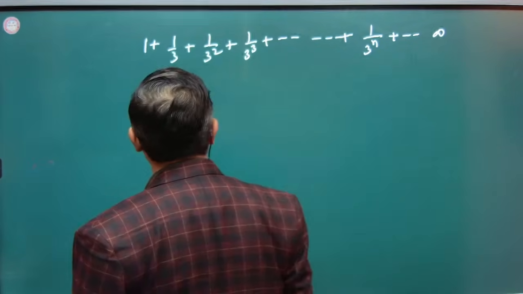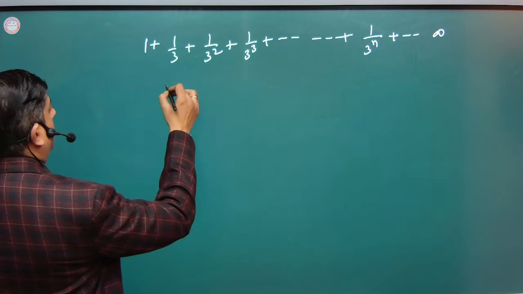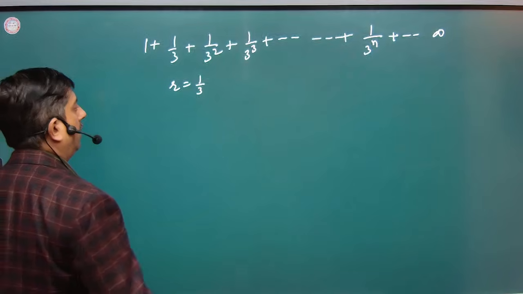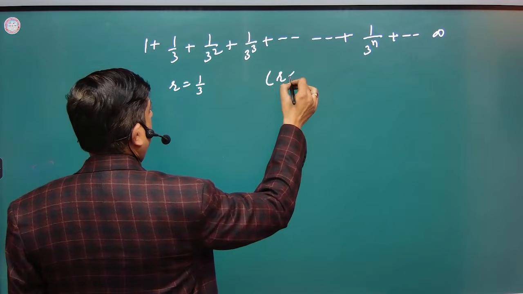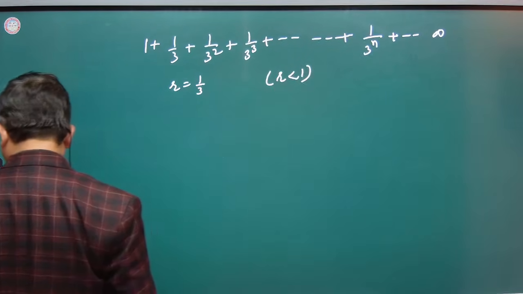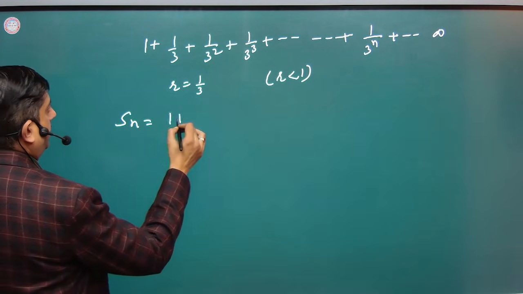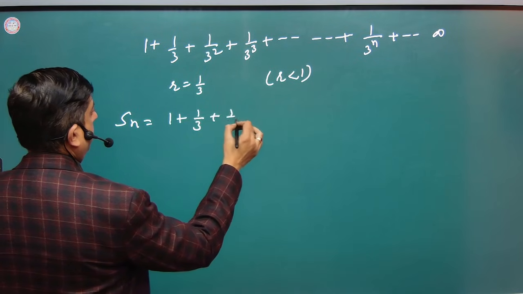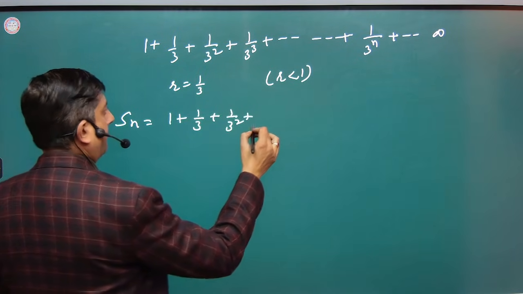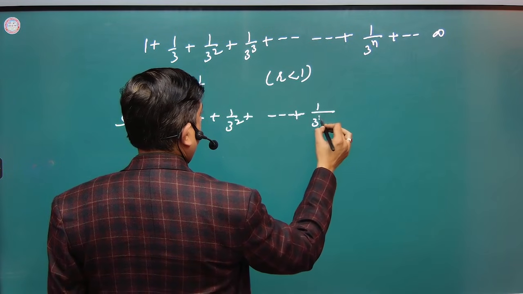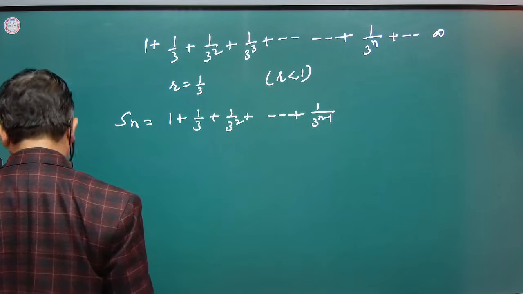This is a geometric progression. Clearly, here the common ratio r is nothing but 1 by 3. Obviously, the value of r is less than 1. So what is Sn, the sum of first n terms?